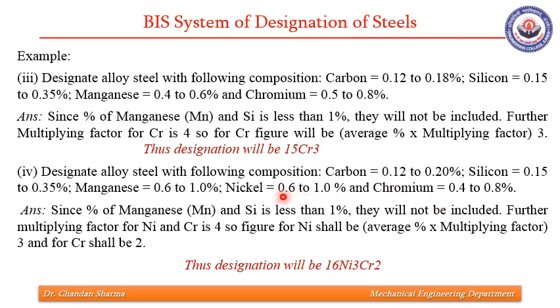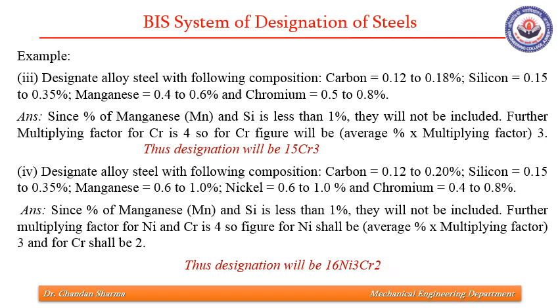Nickel percentage is more than chromium percentage, so nickel will come first, and the factor for nickel and chromium is both 4. So the average percentage of nickel is 0.8. 0.8 into 4 is 3.2. By rounding we can put 3. For chromium it is 0.6. 0.6 into 4 is 2.4. So by rounding it is 2. So this will be designated by 16Ni3Cr2.